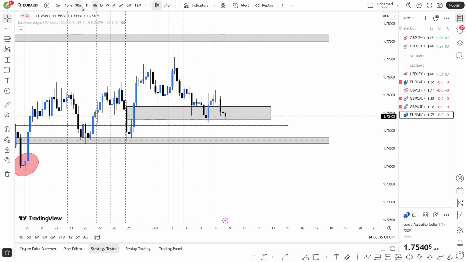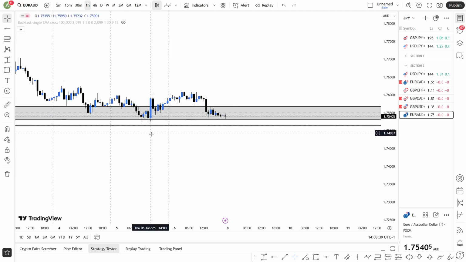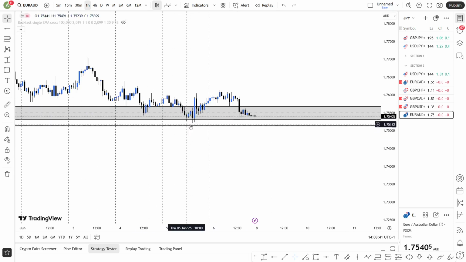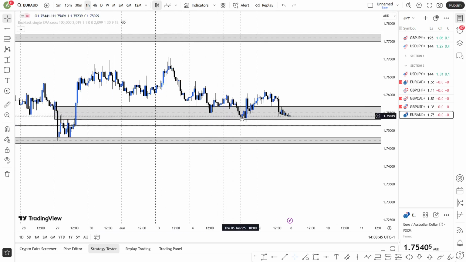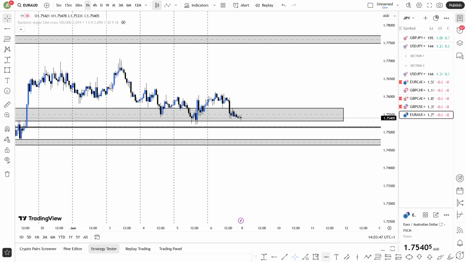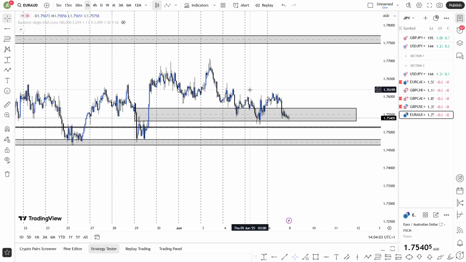Price taking out this low on 1 hour. On 1 hour, we might expect price to take all this liquidity, minor liquidity here, and look for a chart pattern at this level, then buy to the upside. If we look at it, we have liquidity resting above this point.